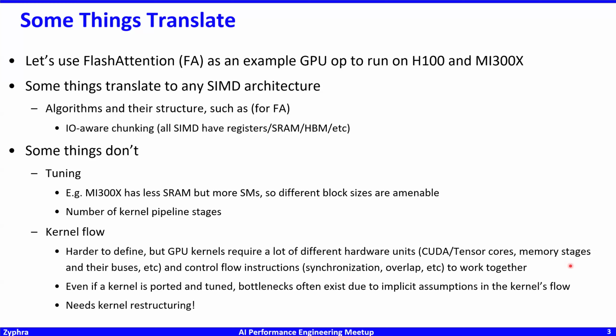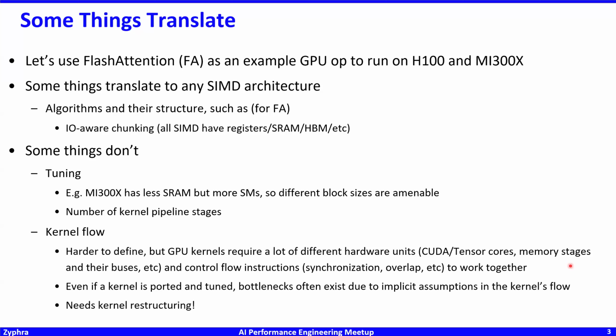So let me step back for a bit. As an example, when Tri Dao wrote the FlashAttention kernel, he made implicit assumptions about NVIDIA A100 chips. He made assumptions on their register size, on their shared memory size, and their bandwidths, for example. When you port this over to AMD, not only do you have to tune for this new system, you need to rewrite the assumptions, like maybe now different tensors can fit in registers.